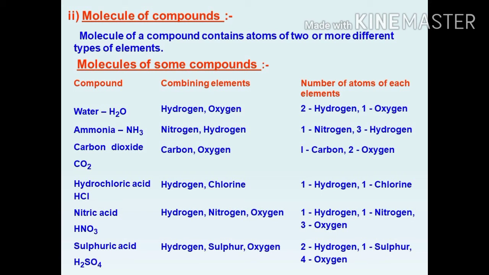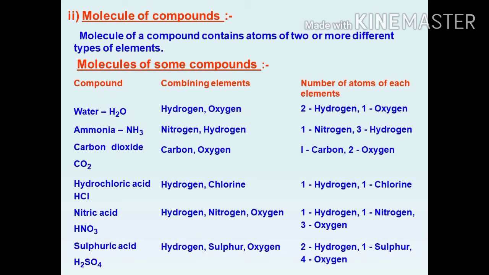See the second example, ammonia, NH3. The combining elements: N means nitrogen, H means hydrogen. Nitrogen, only one nitrogen. How many hydrogen? Three hydrogen.